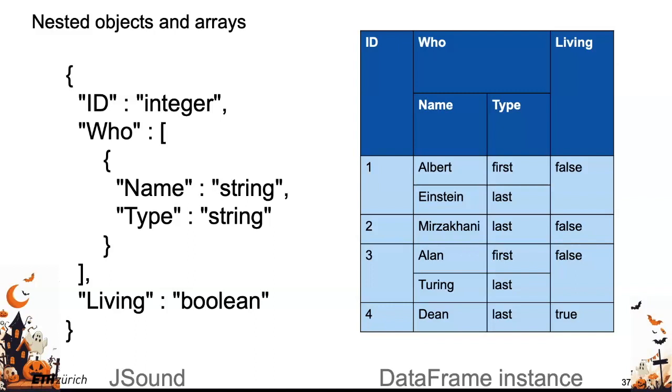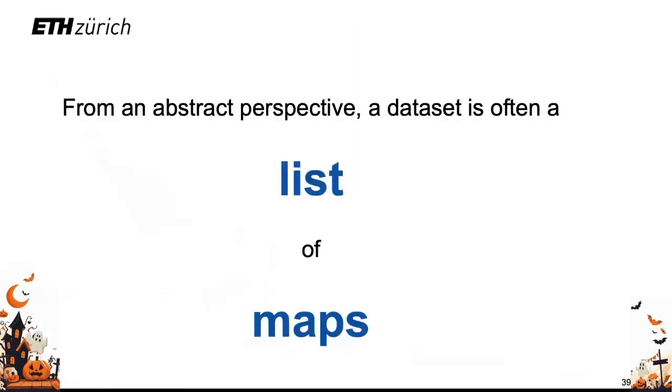Technically, yes, we assume an order here, but it's not in the semantics. So technically, if I would swap, put living before who and so on, semantically, based on the fact that we have objects and the keys have no order, the order is not important in that case. But in the array, it is, right? But this is part of the semantics of an array, right? Thank you. Does it make sense? Yes. Okay, awesome.